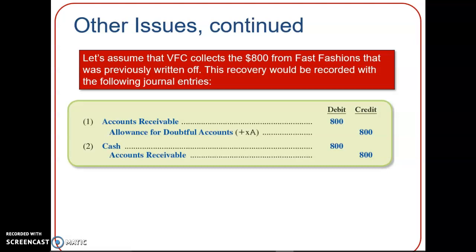So again, because net accounts receivable is the difference between accounts receivable and the allowance account, if allowance and accounts receivable both increase by the same amount or both decrease by the same amount, the net accounts receivable remains the same. Okay, so let's stop here for this clip.